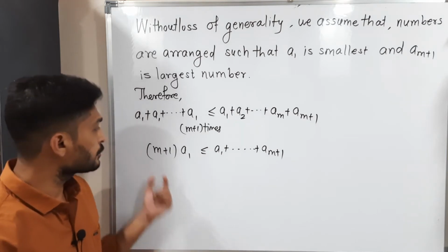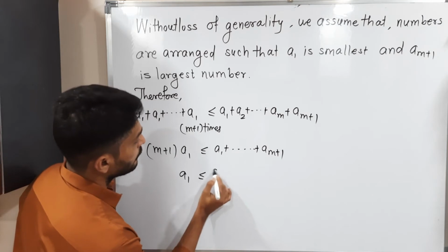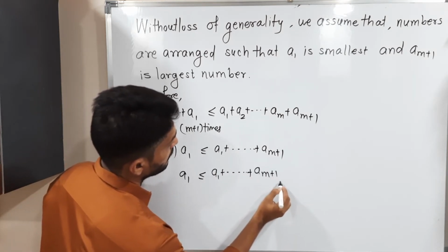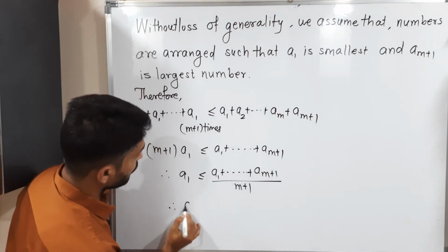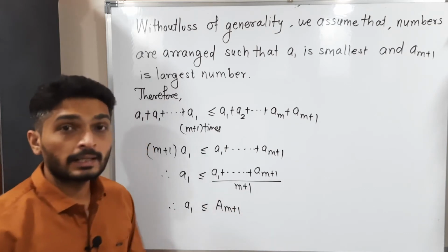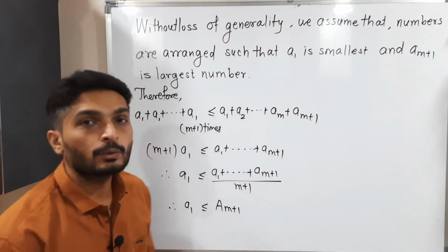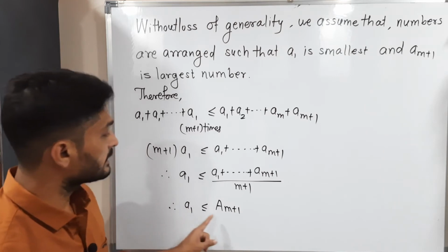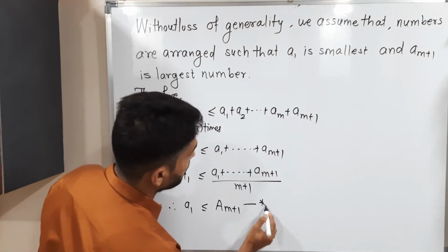Shifting this m plus 1 to that side, a1 is less than or equal to (a1 + ... + am plus 1) divided by m plus 1. So a1 is less than or equal to A m plus 1. This is nothing but the arithmetic mean of those m plus 1 real numbers, which we have already denoted by capital A m plus 1. So we got a1 less than or equal to A m plus 1. I will call it star.